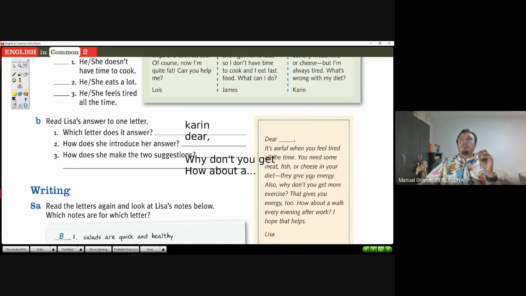Why don't you get more exercise? That gives you energy too. How about a walk every evening after work? I hope that helps, okay? So she's giving suggestions to Karen in order to exercise more and not to feel tired all the time, sleepy maybe, okay? So this is it.